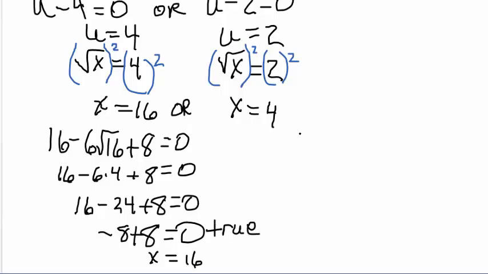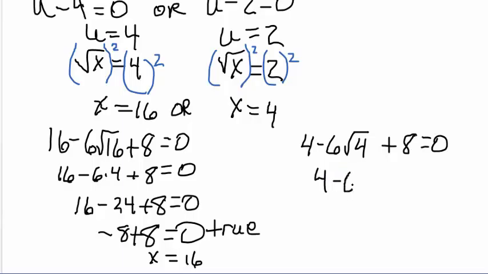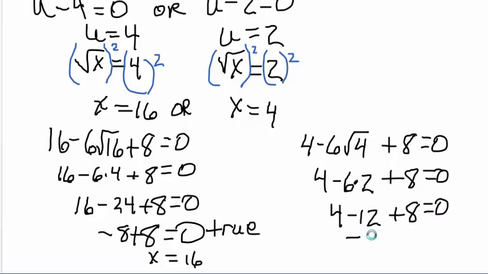Now let's check x equals 4. 4 minus 6 times the square root of 4 plus 8 needs to equal 0. 4 minus 6 times 2 plus 8 equals 0. 4 minus 12 plus 8 equals 0. Negative 8 plus 8 equals 0.